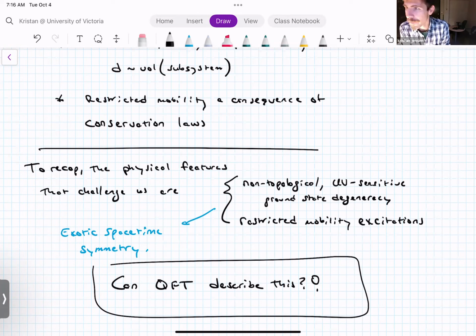But maybe another way of packaging all this at once: we want a careful quantum field theory-esque treatment of systems with these exotic symmetries, like the subsystem symmetry. And I say QFT-esque to sweep under the rug all the concerns about whether what we're about to do is quantum field theory or not.